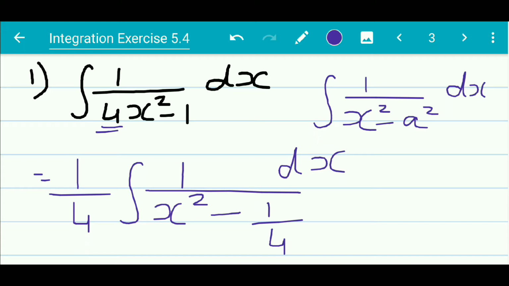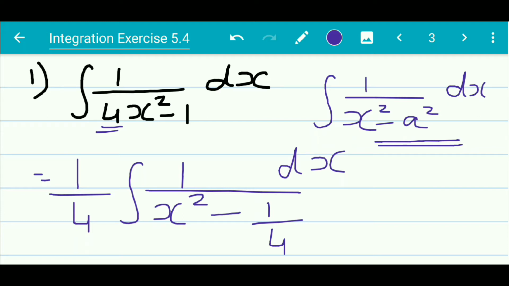Okay, once again I tell you, just study the formula. In the formula which we have to use over here, the term is of the form 1 upon x square minus a square. Whereas in the question, we have the integral as 1 upon 4 x square minus 1. That means the coefficient of x square has to be 1 to apply this formula.